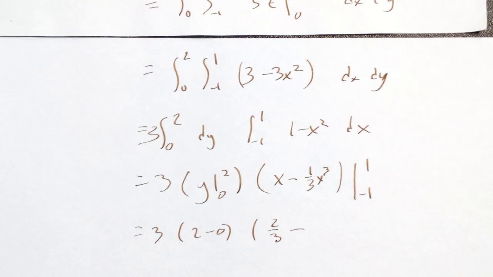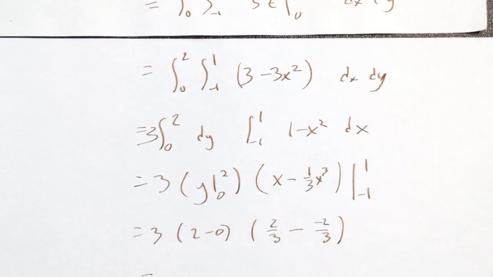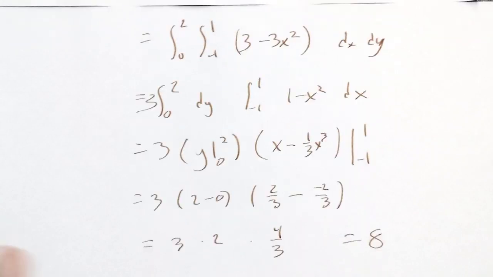When you put in -1, you get -1 minus -1/3, which is -2/3, which means that gives me 4/3. That was a whole lot easier than doing 4 separate surface integrals, wasn't it?